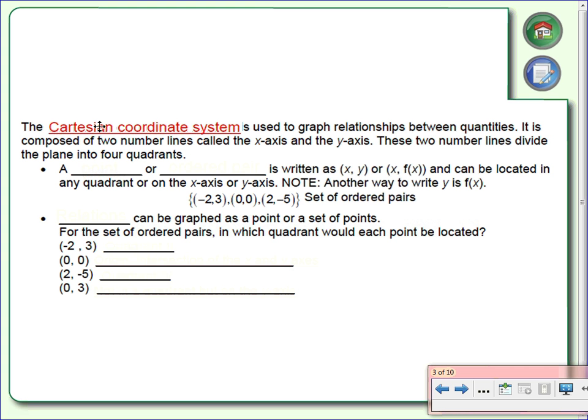But again, the Cartesian coordinate system. That's that piece of graph paper that you guys work with. It says it's composed of 2 number lines called the x-axis and y-axis, which we just saw. The two number lines divide the plane into 4 quadrants. A blank for a blank is written as x and y in parentheses. What do you call that thing right there?